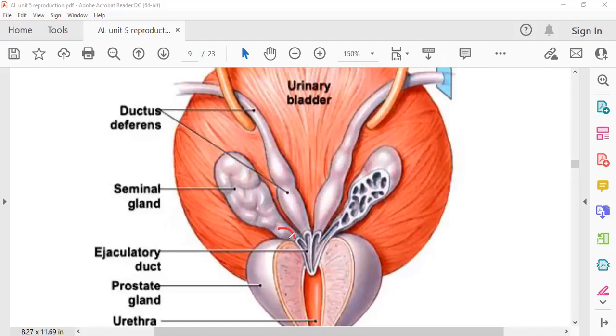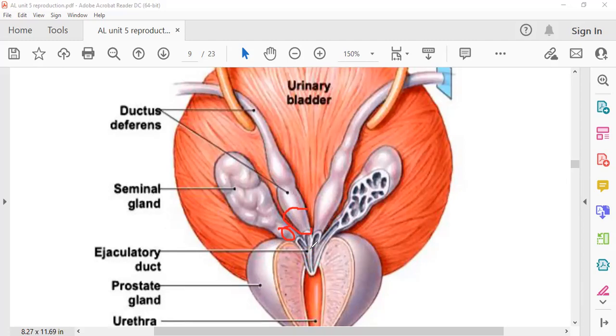This is the duct of the seminal vesicle. This is the vas deferens. After they bind, they form a canal here. What is the name of that canal? Ejaculatory duct. So a small duct there. Clear?